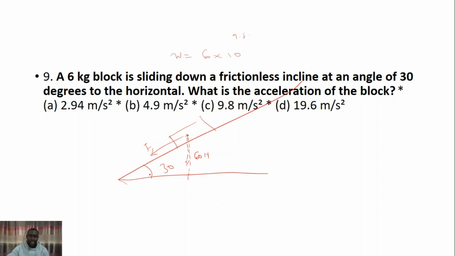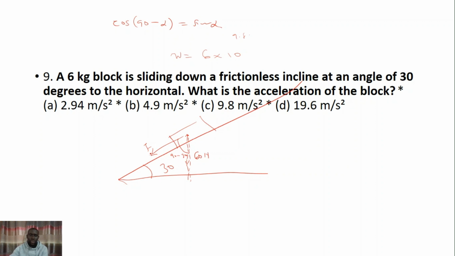We know this is 30 degree, right? The angle here will be 90 minus 30, okay? And don't forget that cos of 90 minus alpha is the same thing as sine alpha. So I will use sine 30 here, okay?